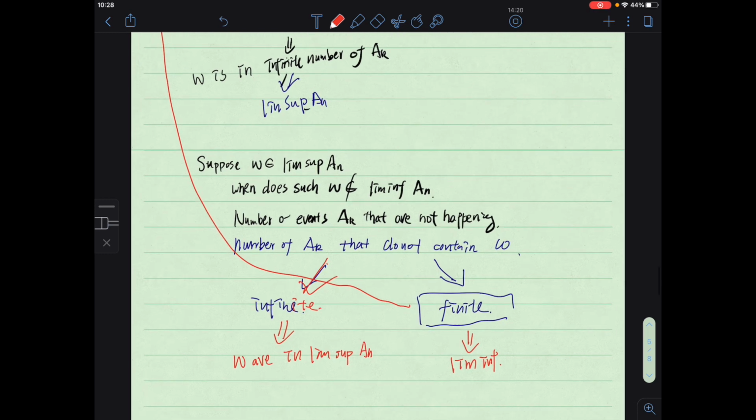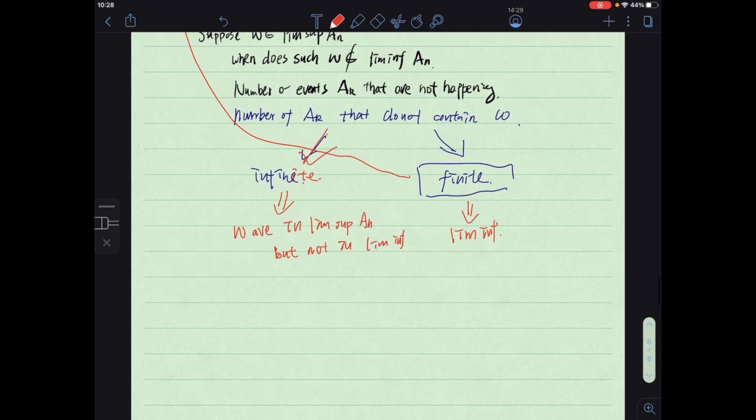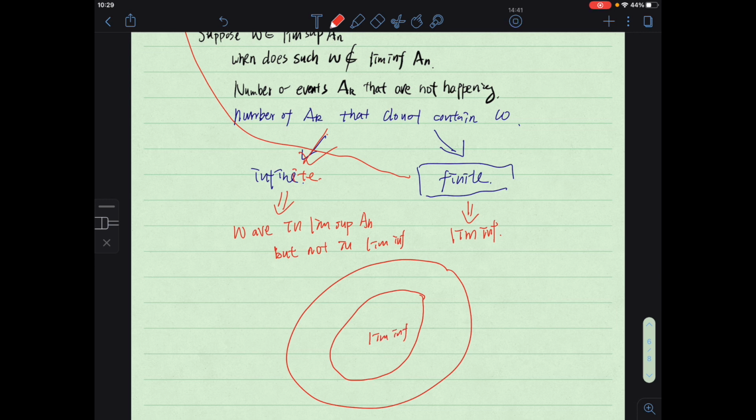However, these elements are not in the limit inferior. So if I draw the Venn diagram, this is what we have. The inner circle is the limit inferior set, and the outer circle is the limit superior set.